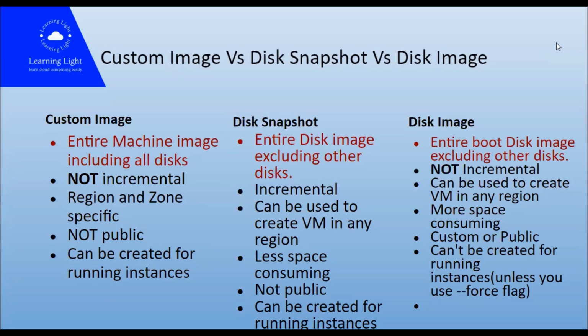If your VM is running, it is recommended not to take the disk image, but GCP provides you an option like the hyphen force flag if you really don't bother about the consistency of the VM instance. You can use that force flag to take the disk image, but it is not implemented in Python.